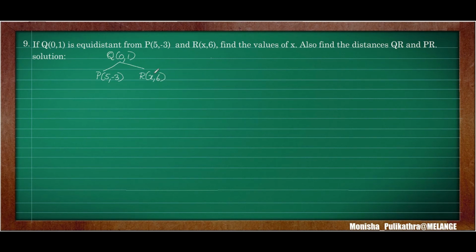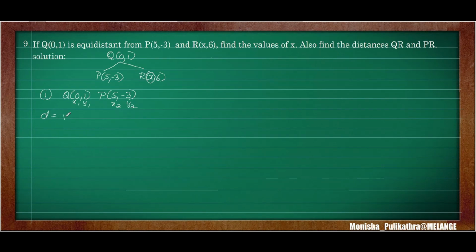So if it is equidistant, we need to find out the value of x here. In the first case we need to find QP, with Q (0, 1) and P (5, -3). Here this will be x1, y1 and this will be x2, y2.